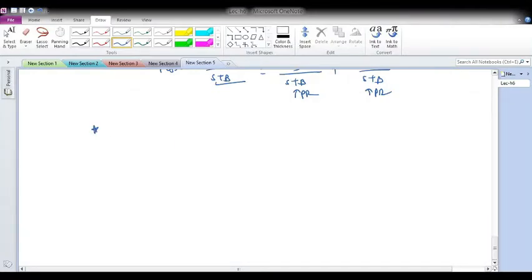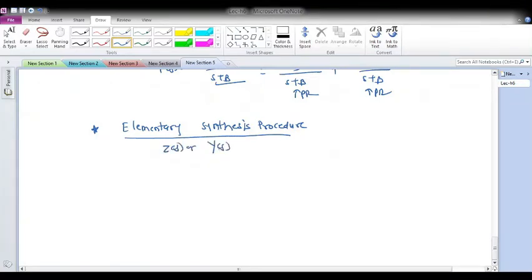Okay, now next we will see the synthesis procedure, which will be the elementary synthesis procedure. So here what we have to do, basically when we are doing the synthesis, then we have to consider the driving point impedance, that is Z(s), or driving point admittance, which is Y(s).